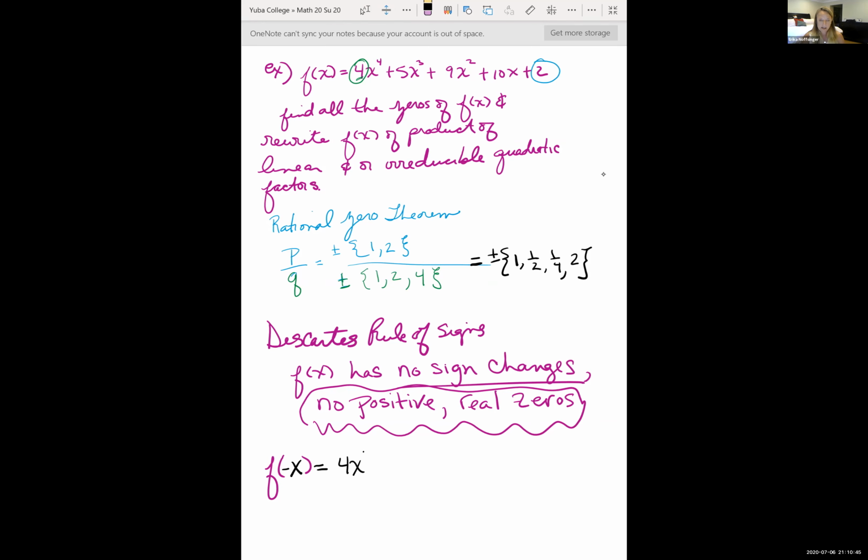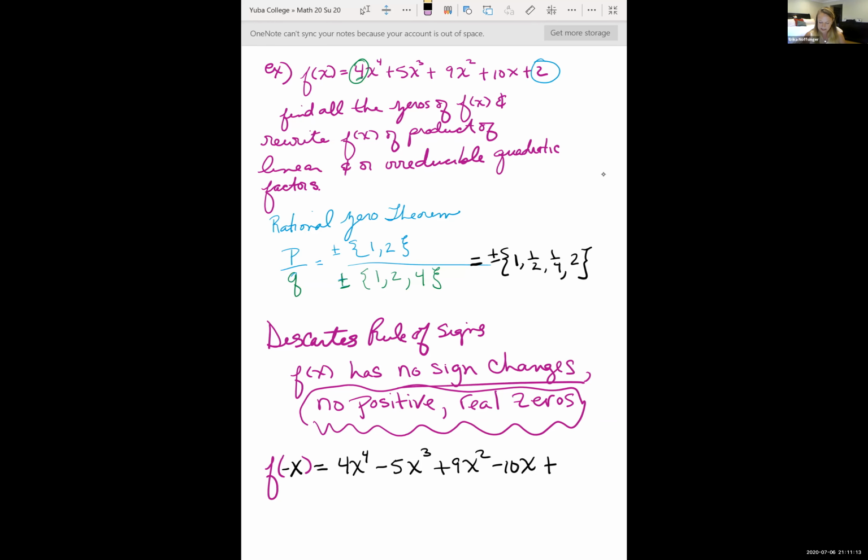When I plug in negative x for the x cubed, negative x cubed is a negative with a positive 5 coefficient in front is minus, so minus 5x cubed. Plugging in negative x for the x squared, that's positive x squared, positive coefficient of 9 in front, so plus 9x squared. 10 times negative x, so minus 10x plus 2.